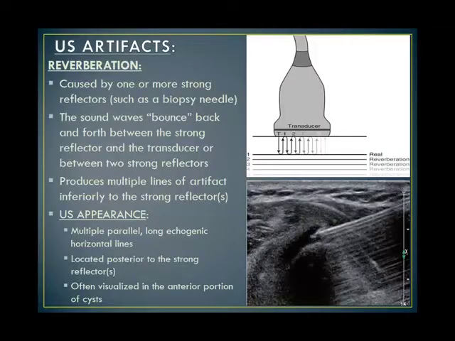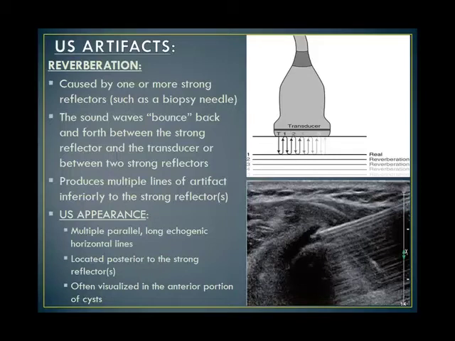So this is the first type in this category: reverberation. Reverberation happens because there's a really strong reflector in the body. In this case, it's a biopsy needle, this bright white line being placed into an area in the breast. When the sound waves hit this biopsy needle, it's such a strong reflector that it causes the sound waves to start bouncing between the transducer and the biopsy needle.